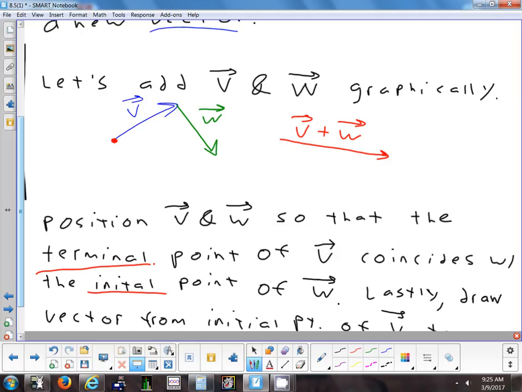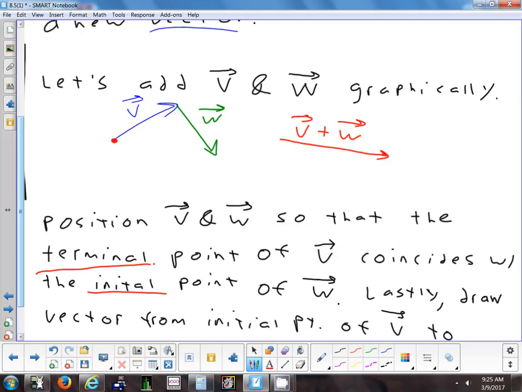Okay, so the ending point of V lines up with the beginning point of W. And then once you do that, all you have to do is draw a new arrow from where you started, and just follow the direction of the arrows to where you end. That's it. And that's V plus W.